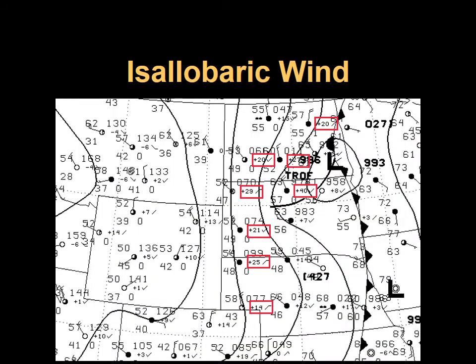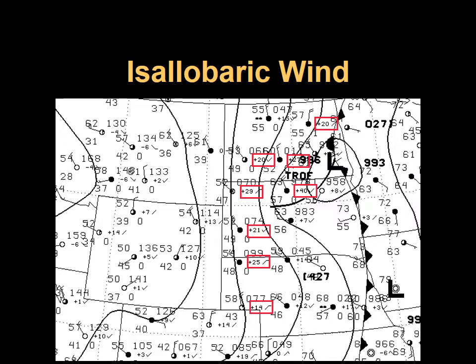So this is what the pressure changes look like. When you look at a surface chart or look at METARs, remember we talked about METARs in the remarks section. The 5 group tells you how much the pressure changed, and they also plot this on surface charts. The changes can be positive or negative depending upon whether pressure is rising in the past 3 hours or if pressure is falling.